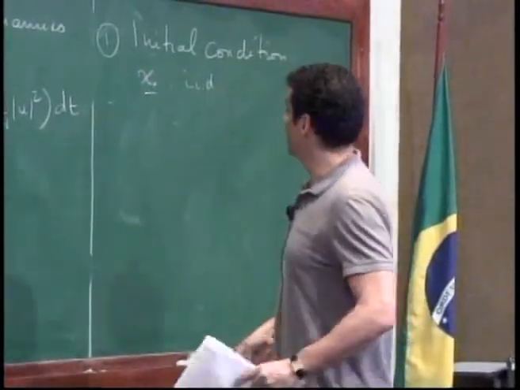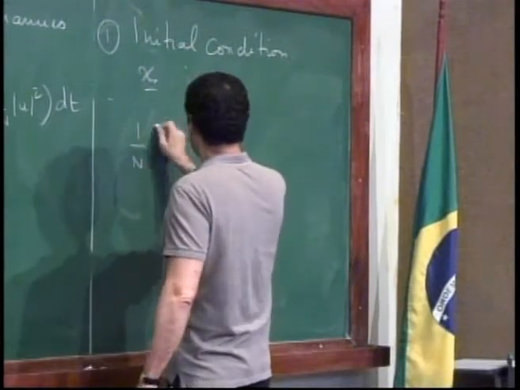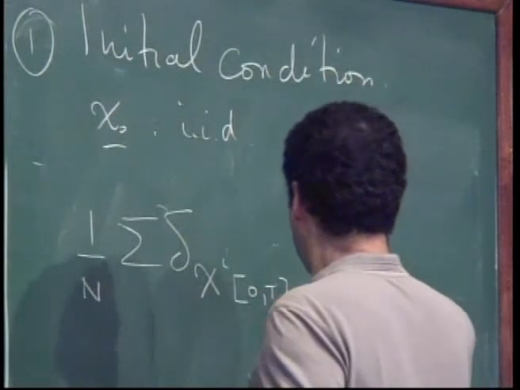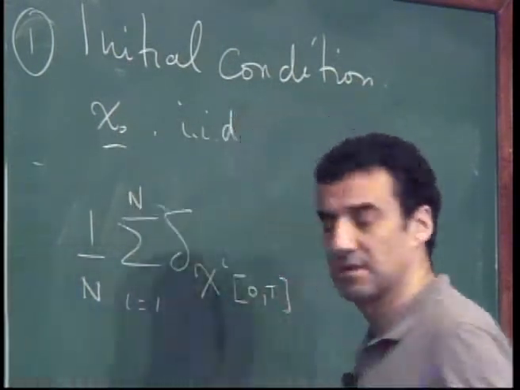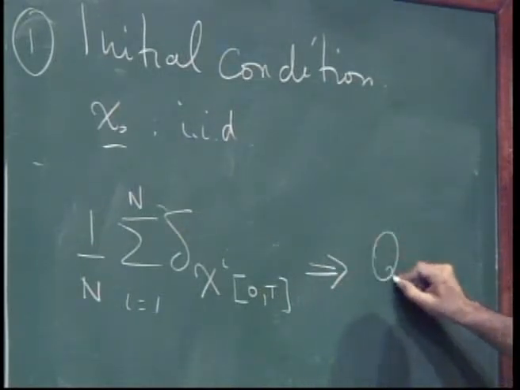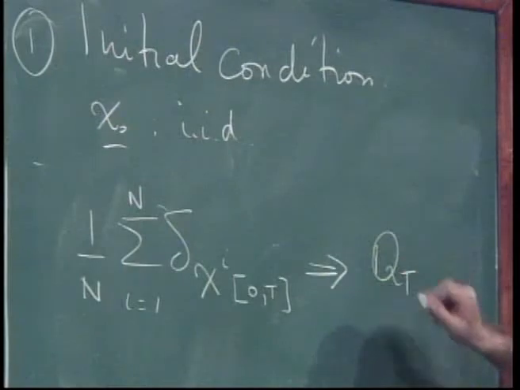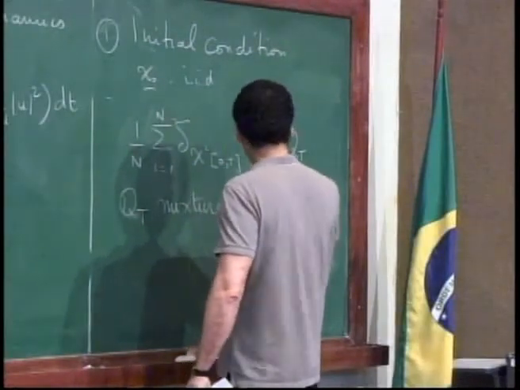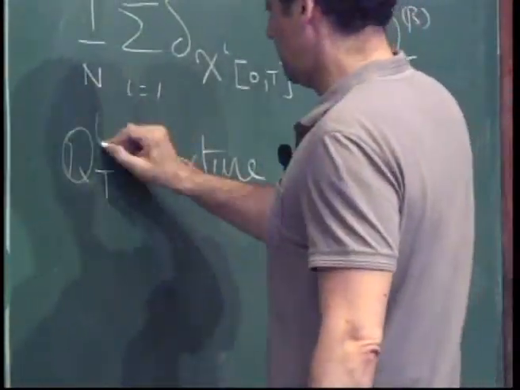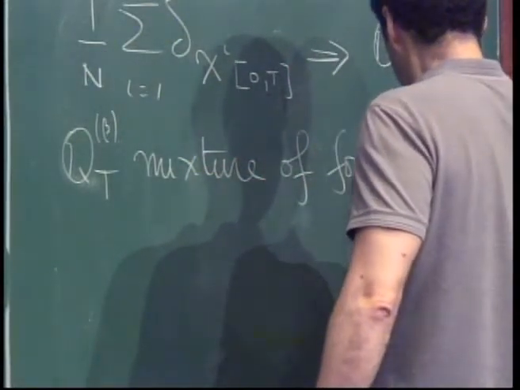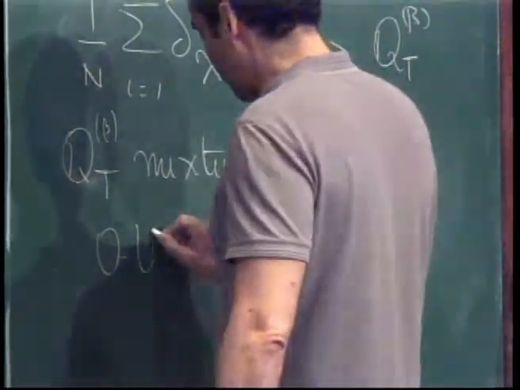Let me say simply that we can prove that 1 over n, sum of, in fact, we even have a large deviation result, this empirical measure converges to something, let me call it Q of t, as I explained before. But this Q of t is very explicit. This Q of t is simply a mixture, depends on beta, a mixture of forced, nonlinearly forced Ornstein-Uhlenbeck processes.